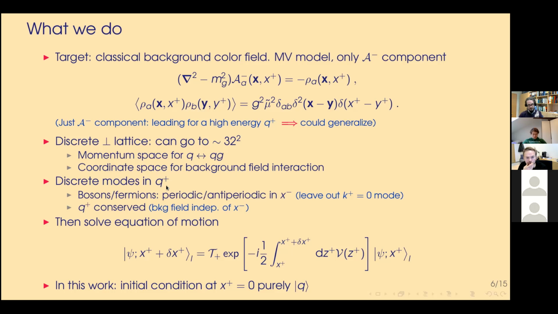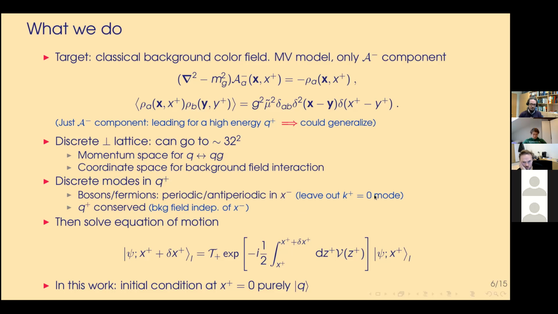We also discretize the x minus coordinate, which means that we put the x minus coordinate in a finite periodic interval, so that we have discrete modes in Q plus, the plus momentum. For bosons and fermions, we have periodic and anti-periodic boundary conditions in x minus. So for bosons, we have integer modes, and for fermions, we have semi-integer modes of discrete longitudinal momentum Q plus.